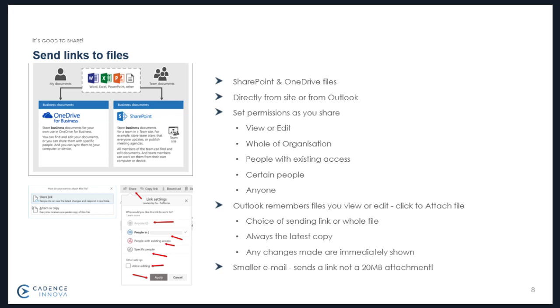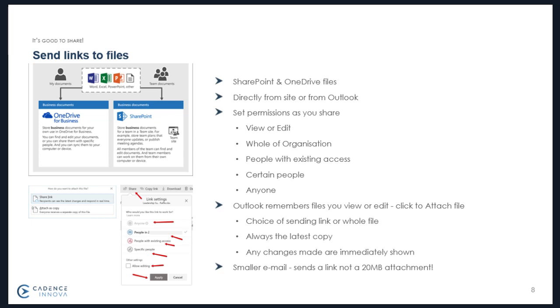So I've been talking about this sending of links to files quite a bit, and I thought I'd just highlight that a little. It works for SharePoint and OneDrive files. It will work for other cloud-based storage solutions as well. But it has some advantages: you can do it either from the SharePoint or OneDrive site.